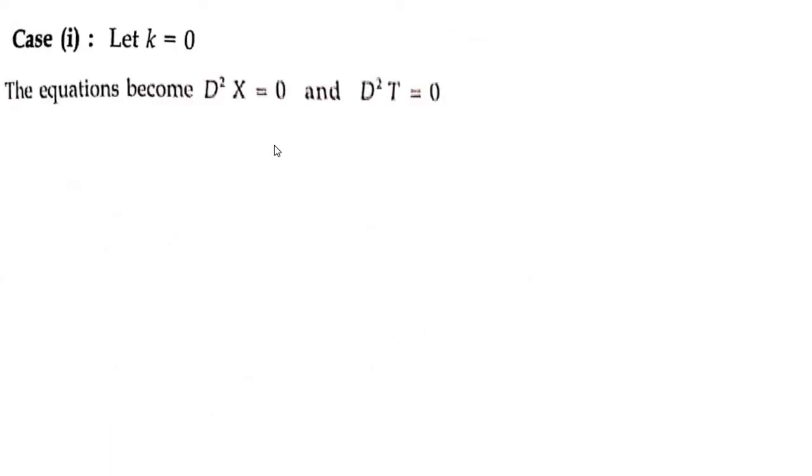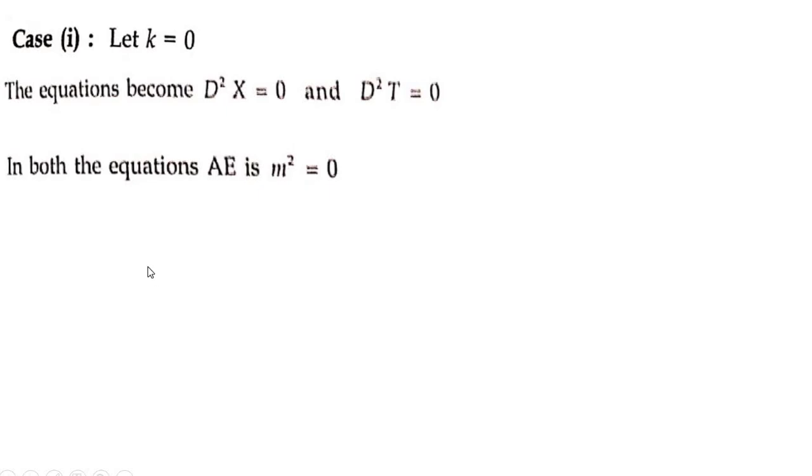So what is its auxiliary equation? In both the equations, the auxiliary equation is m square equal to 0, right? You are replacing D equal to m here. So you get m square equal to 0. For this also you get m square equal to 0.